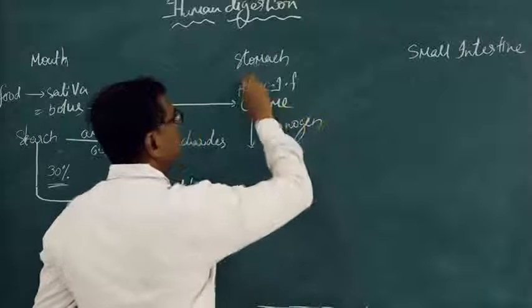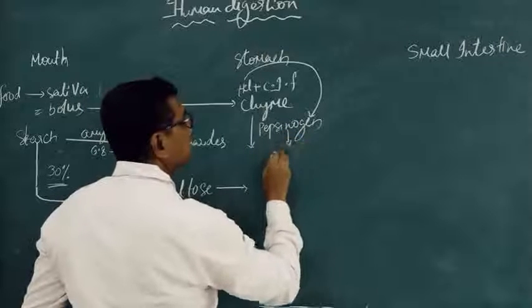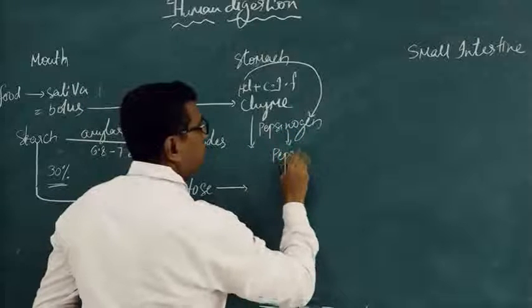Pepsinogen is present in the food. By the action of HCl, this pepsinogen is converted to pepsin.